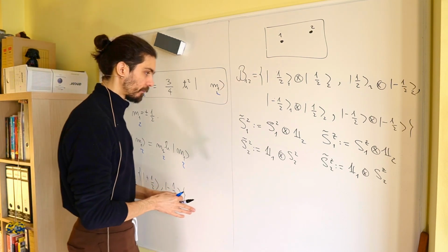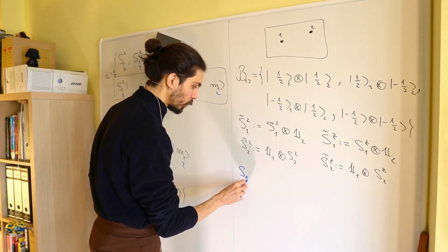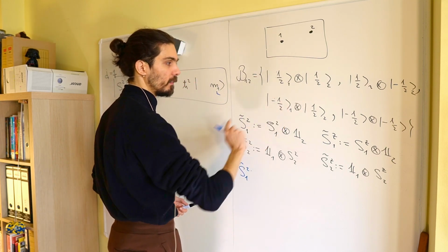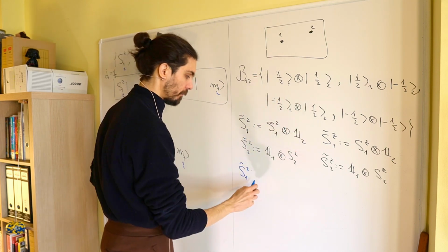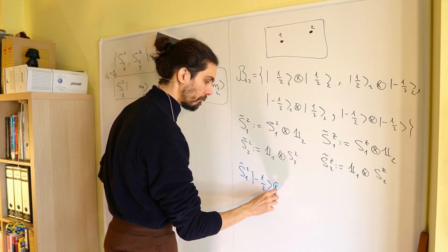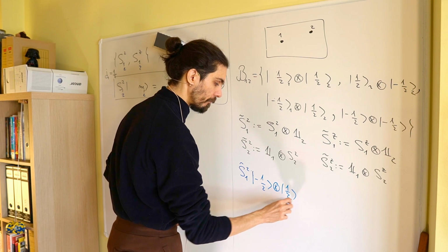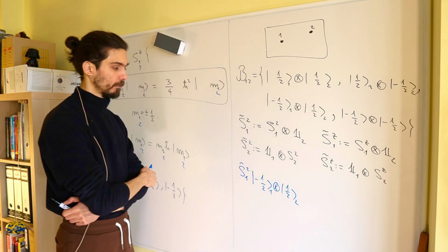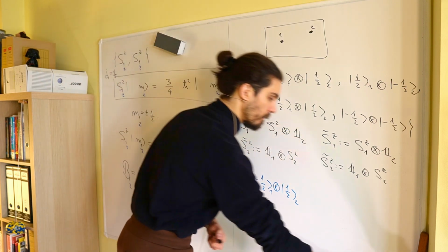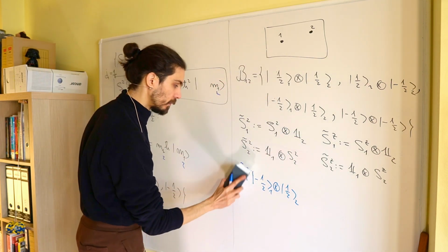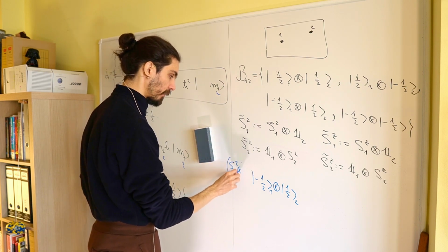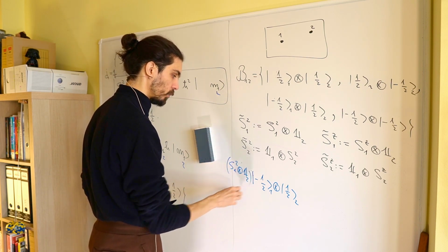For example, if you act with S1 squared tilde on, for example, let's consider this one, on this ket, this is a 1, this is a 2. Well, you just replace this by this. So instead of this, you just write S1 squared tensor with the identity at 2.